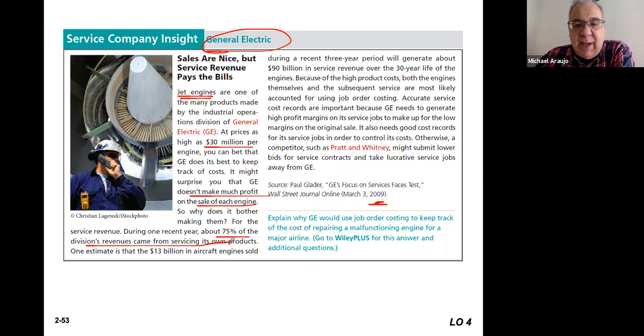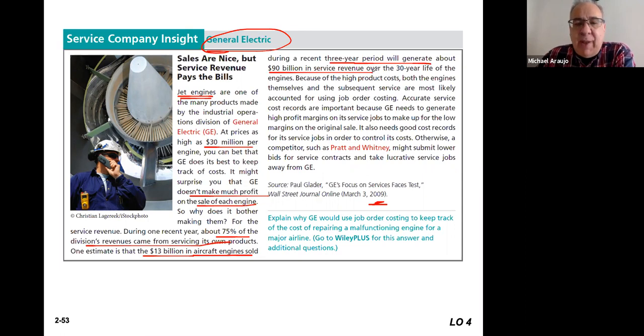So not only are they selling a product that's very high cost, but they are not making that much money on that, but they are making money servicing the engines. So basically speaking, $13 billion in aircraft engines that were sold in a 3-year period generate about $90 billion in service revenue.